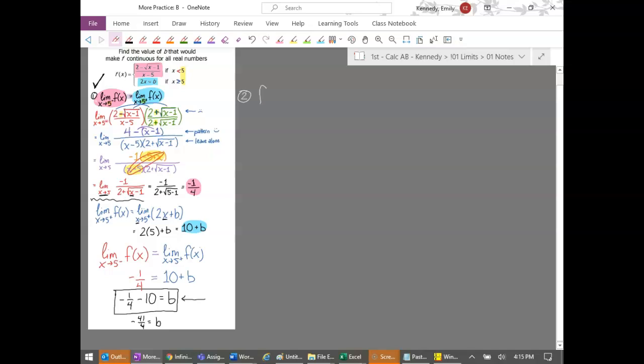But the second thing is that f of 5 needs to be defined, which means that if x is exactly 5, I need to be able to plug that in somewhere. And the good news is I can. I know it's a little bit hard to see, but the blue rule was for x greater than or equal to 5. So cool.